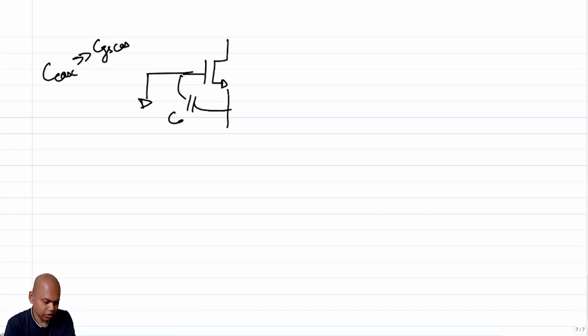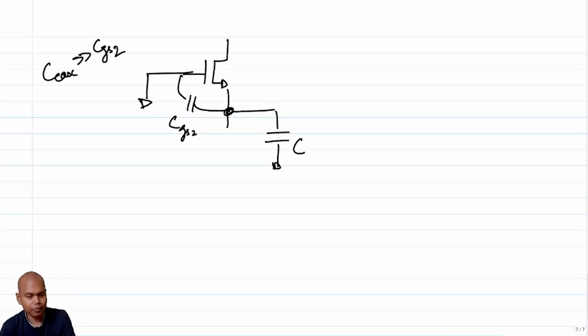So you have CGS cas, or let me just say CGS2. Similarly, there is a parasitic capacitance associated with this node. This parasitic capacitance can be the CdB of M1, and all the other capacitances associated with this node, maybe a metal routing capacitance or other parasitic capacitance. So everything combined is CdB1.